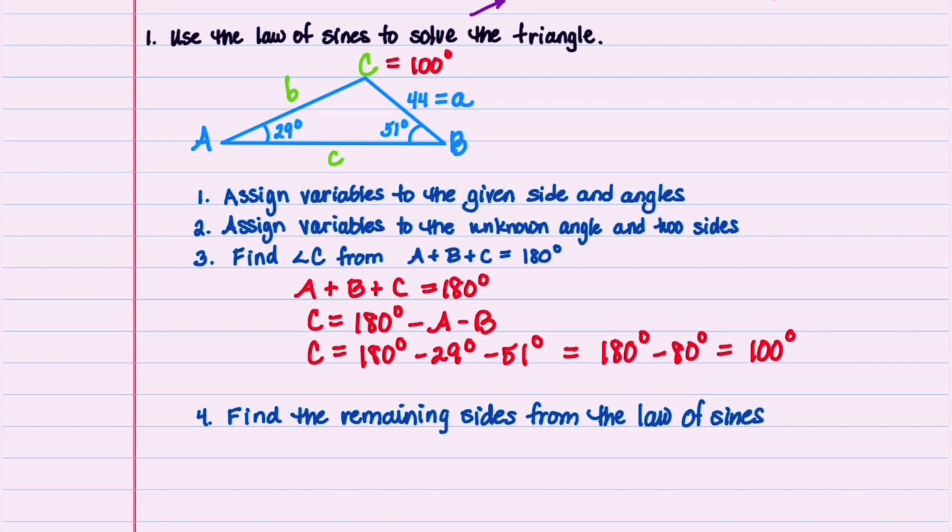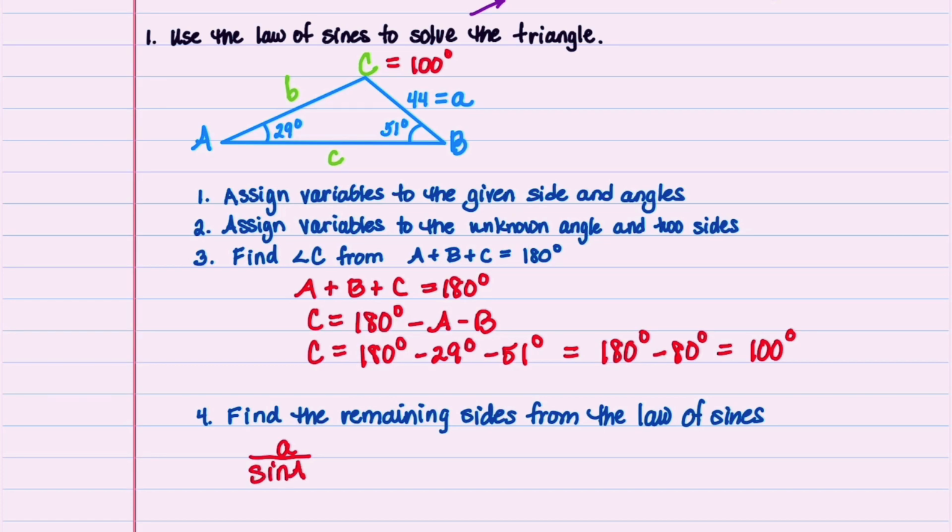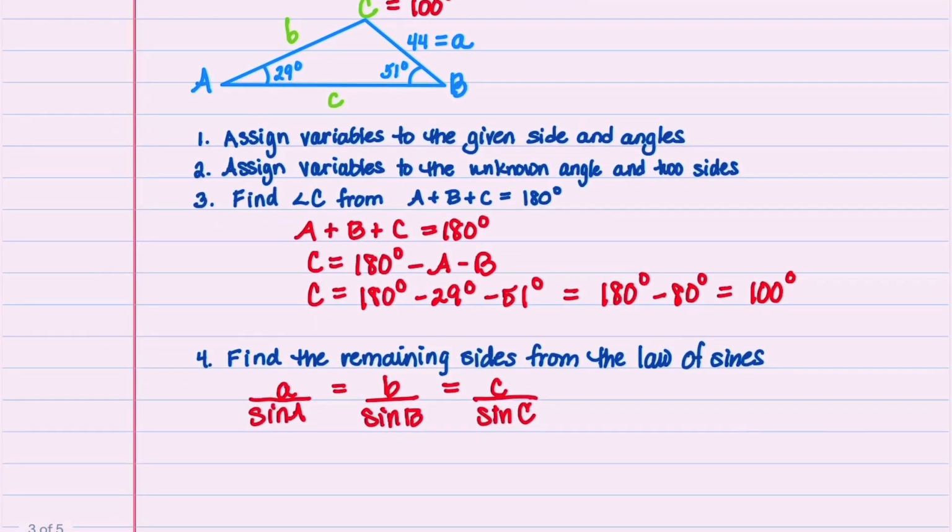Our last step is to find the remaining sides using the law of sines. So let's notice that we need to find side B and side C, and we know side A. Since we're trying to find the sides, we're going to write down the law of sines like this. A divided by sine A is equal to B divided by sine of B is equal to C divided by the sine of C. Let's now plug in the values from our picture.